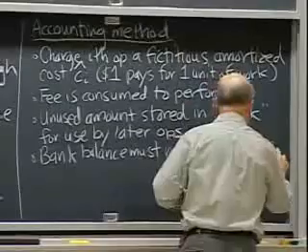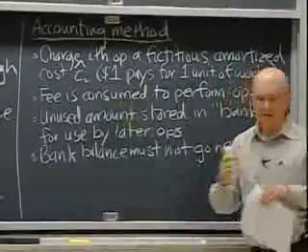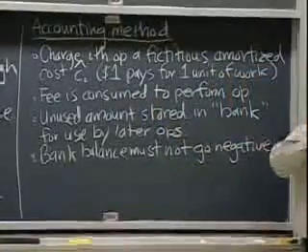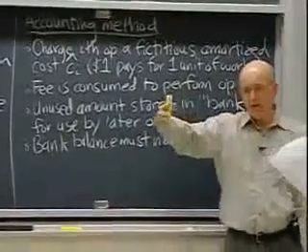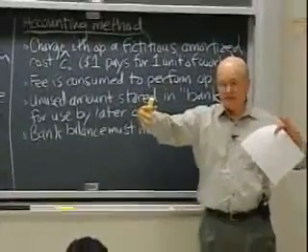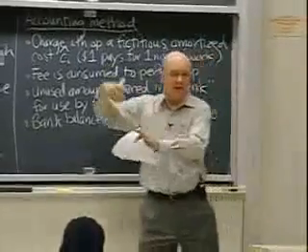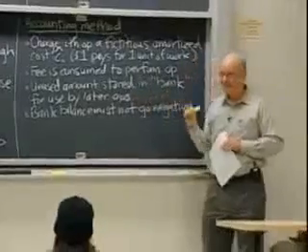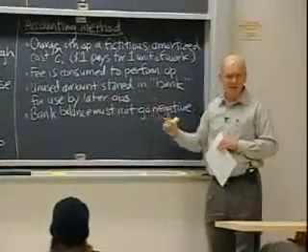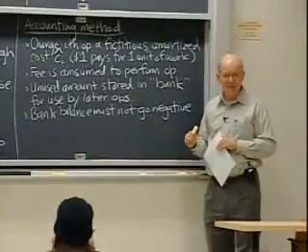In other words, the amortized costs minus the cost of the operations up to that point have to always be enough to pay for all the operations that you're doing. Otherwise, you're borrowing on the future. In amortized analysis, we don't borrow on the future. At least not in the simple ones we're doing here. Okay?